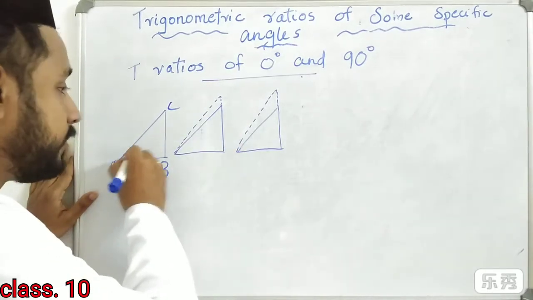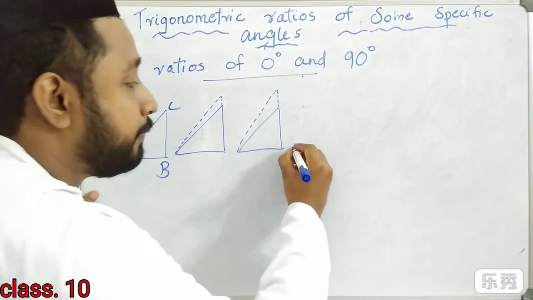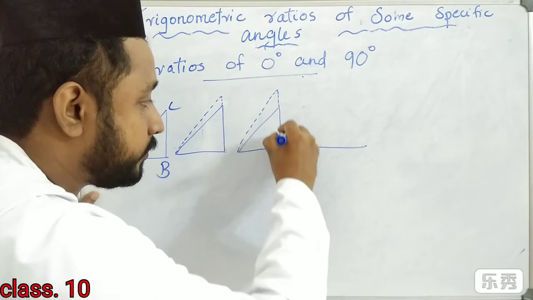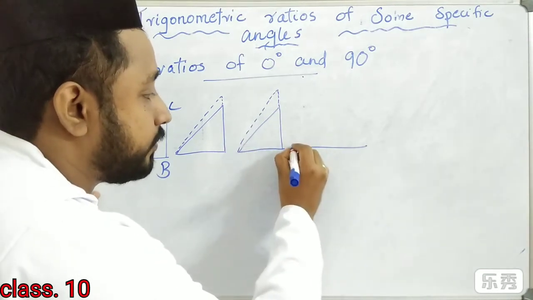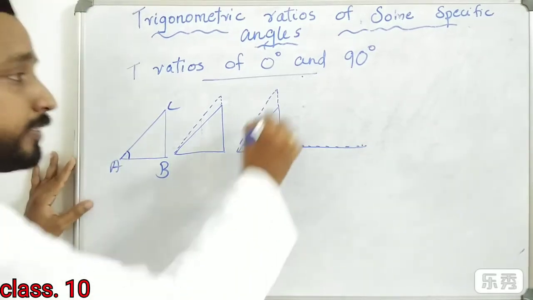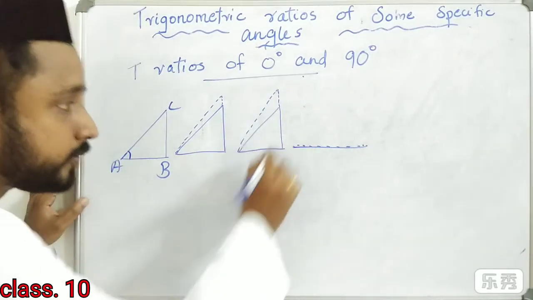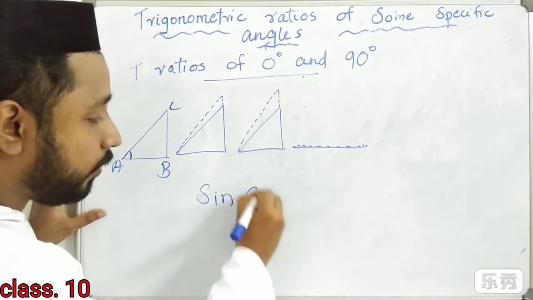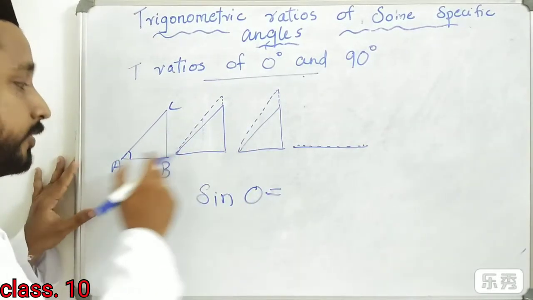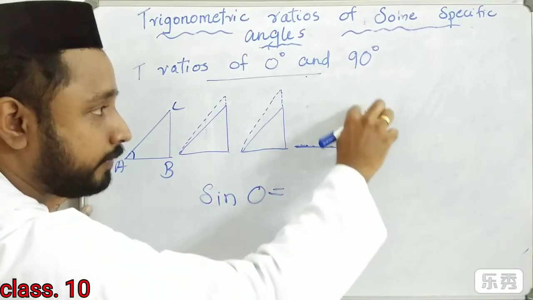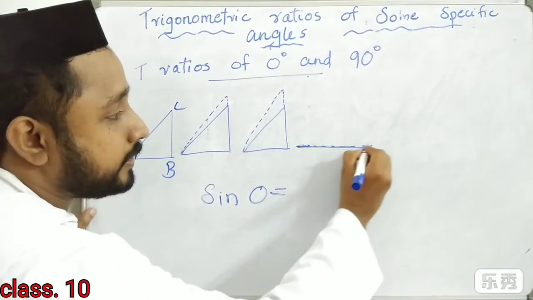When this angle becomes zero, this side will be reduced into the same side itself. So this side becomes equal, which means the opposite side is going to be 0. With angle 0 there will be no angle, so the opposite side will join the same initial side.